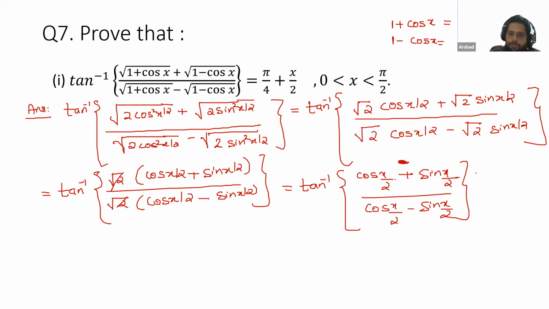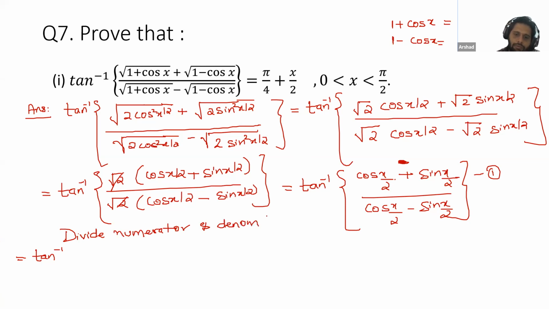So let this be 1. Divide numerator and denominator by cos x by 2.